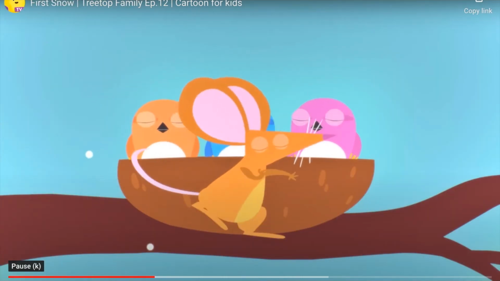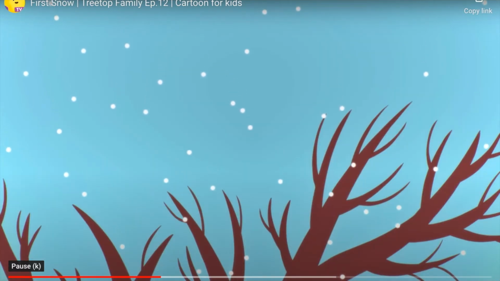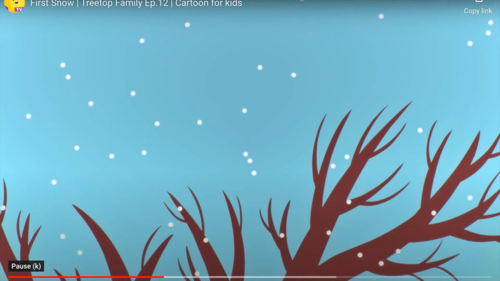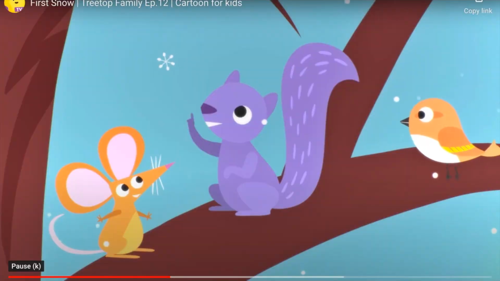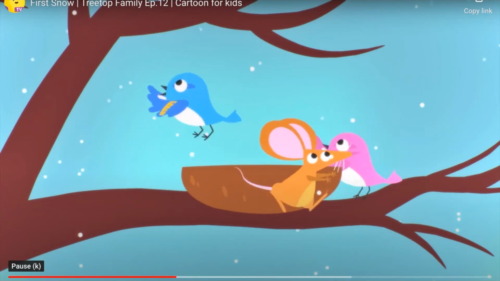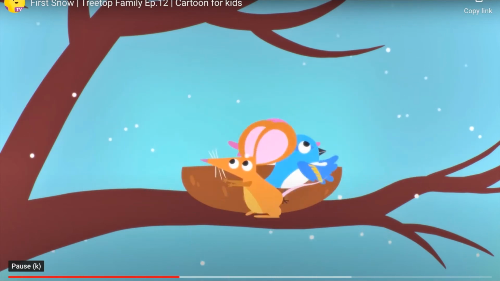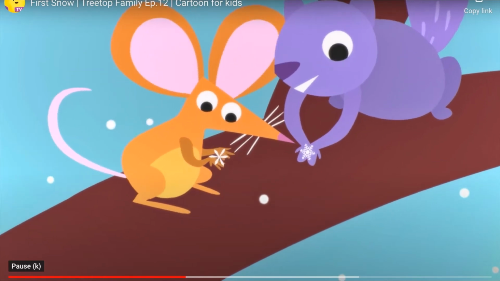The snow is falling. Do you see the snowflakes? I see a snowflake, little falling snowflake. The snow is falling. Can you catch a snowflake? You've caught a snowflake. Let's see what it looks like.